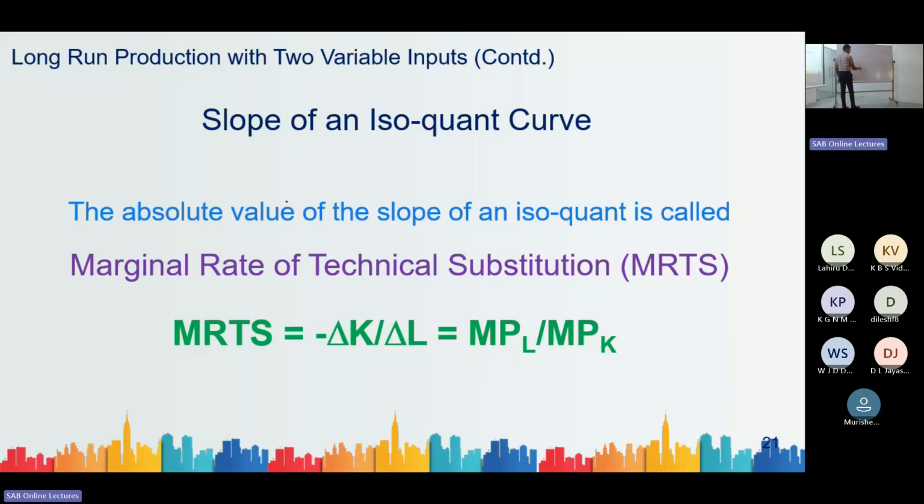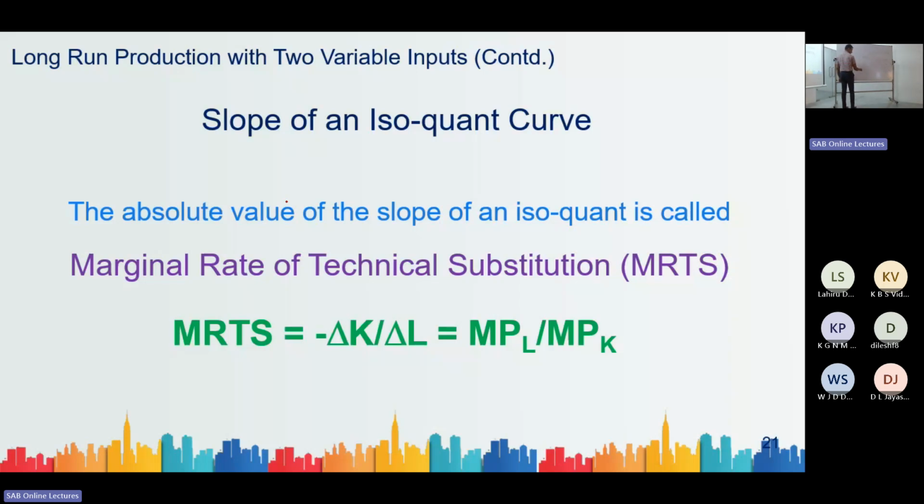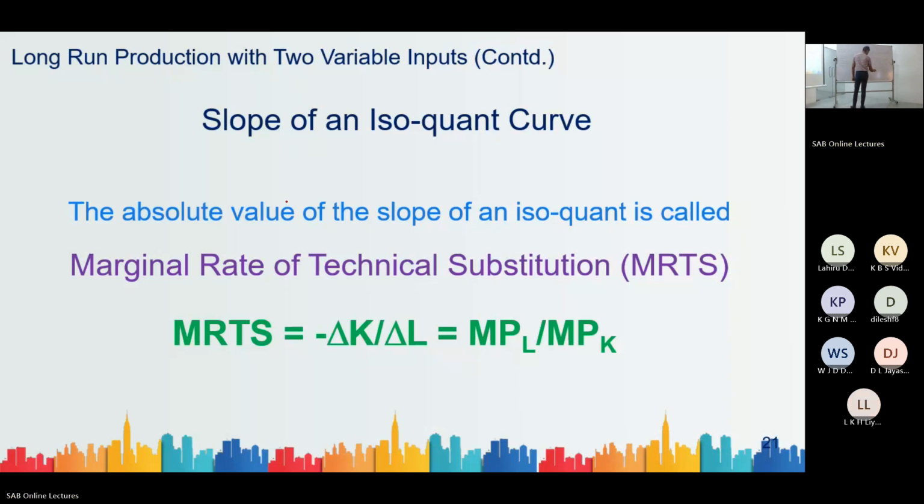To measure the slope of this straight line, we measure the vertical difference and the horizontal difference, and divide the vertical difference by the horizontal difference.